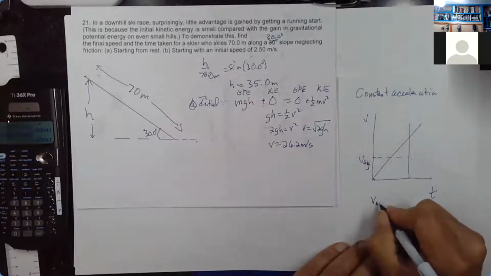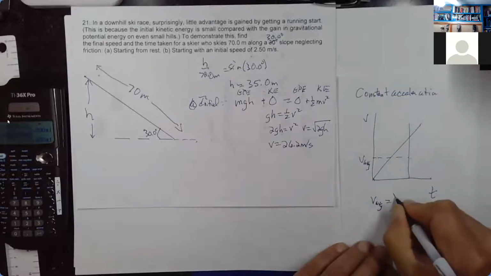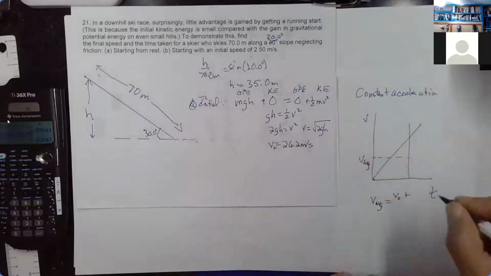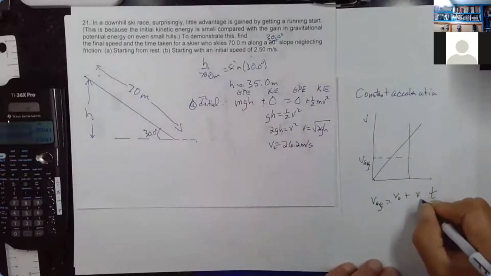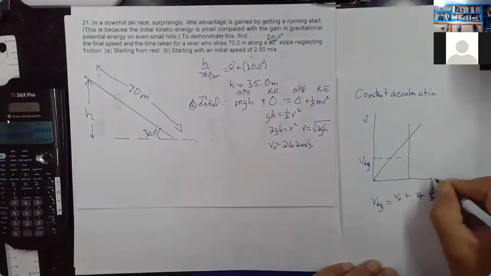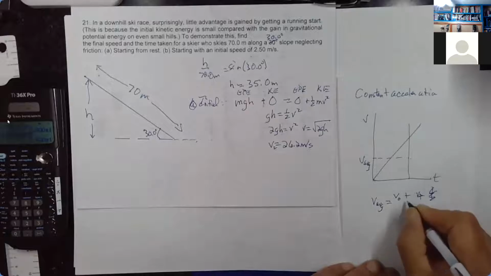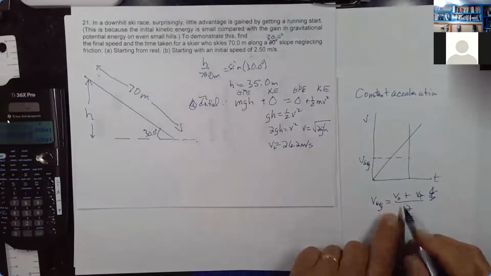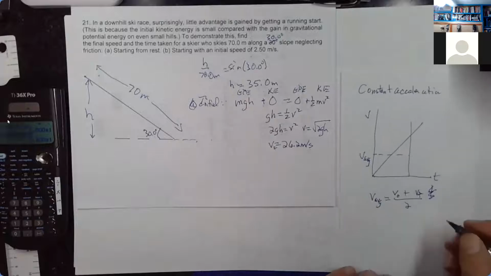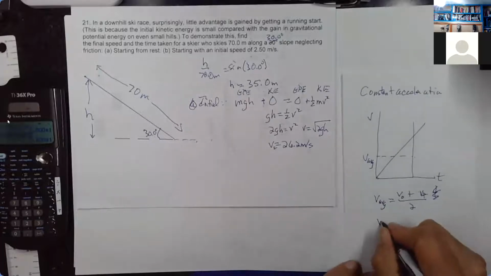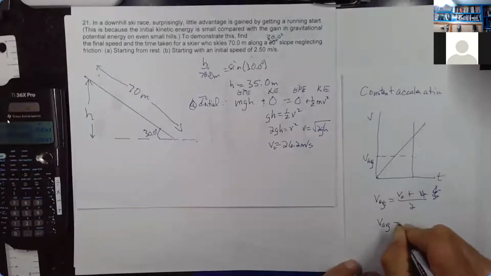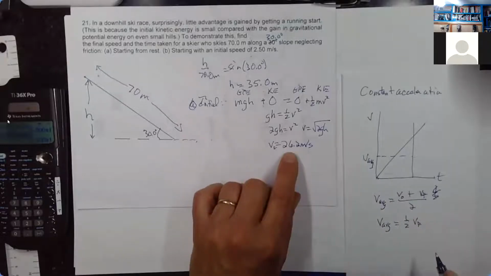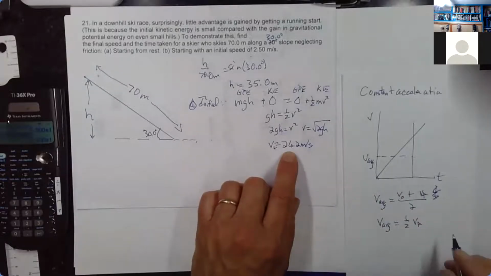So V average is going to be V naught plus V final, whoops, that was t on the axis, it's not part of this equation, divided by 2. Well, V naught is equal to 0, and so in this case, V average is just going to be 1/2 V final, or 13.1 meters per second.